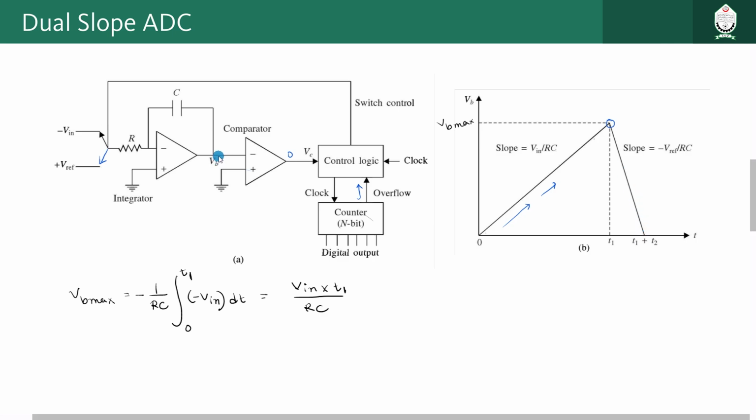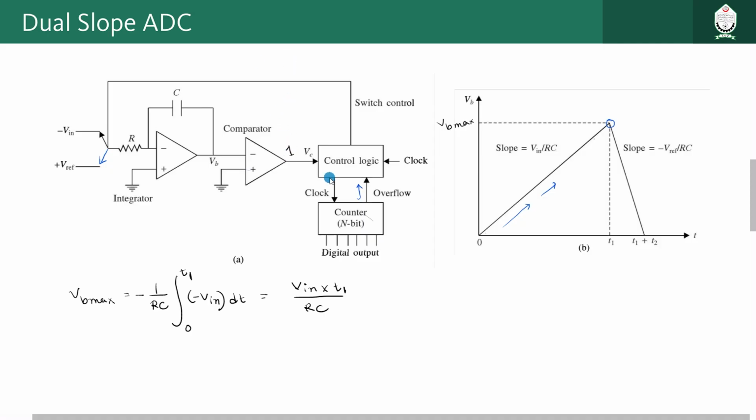Whenever VB is equal to 0 and crosses that value, maybe it can go to a negative value also, at that moment we are going to see that the positive pin is again at a higher voltage compared to VB, and this 0 will become 1.